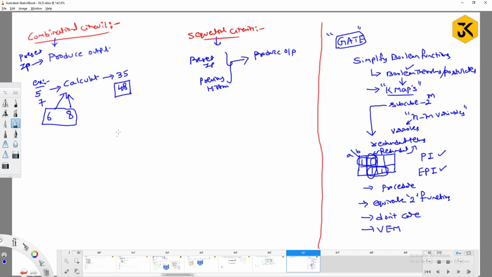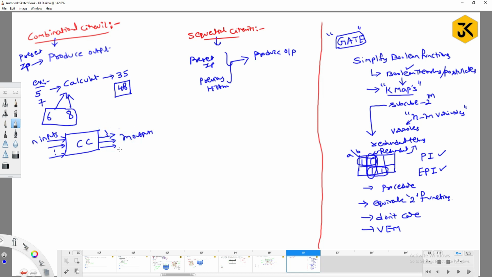If you take one assumption as a circuit, I will call it a combinational circuit. For this combinational circuit, I am going to give n inputs. For these n inputs, it is going to produce the respective outputs, say m outputs.